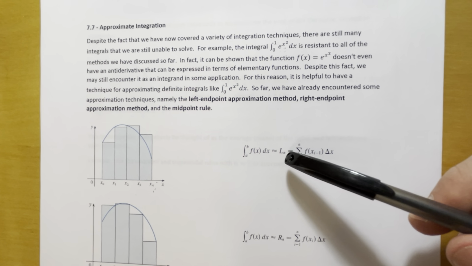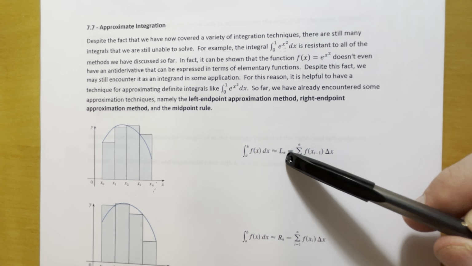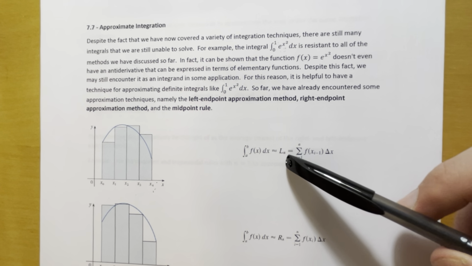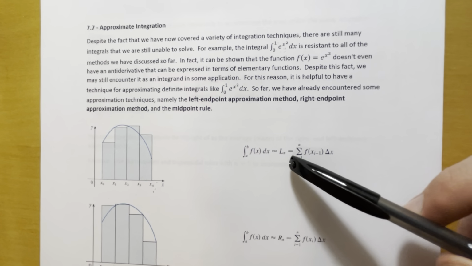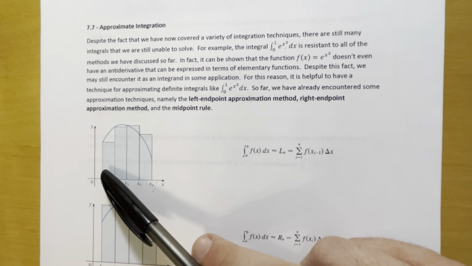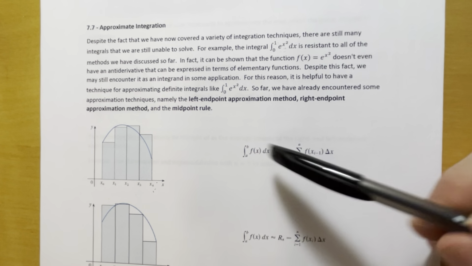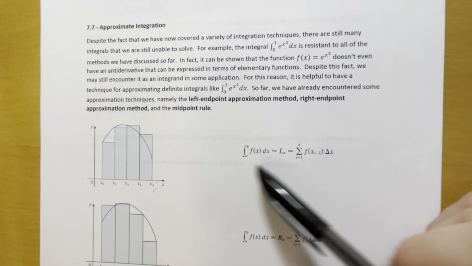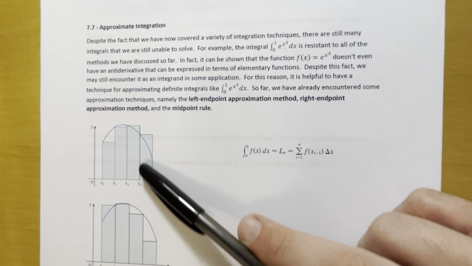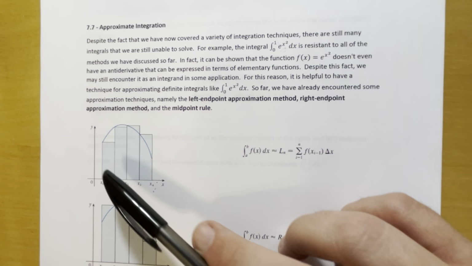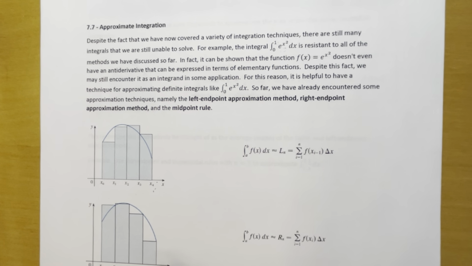In this section, we're going to use capital L with a subscript of n to represent this sum, where the n represents the total number of rectangles that we used for our approximation. So for this specific case over here, I would have called this area approximation L4 because there's 4 rectangles that I'm using.